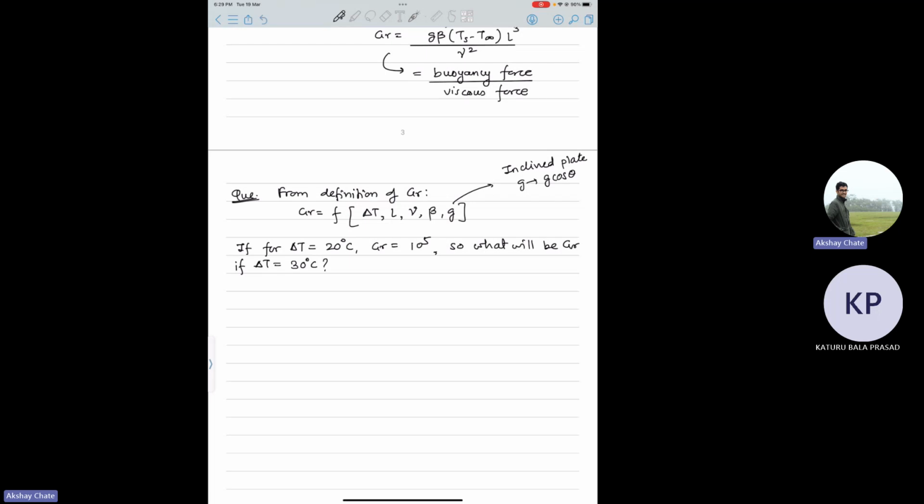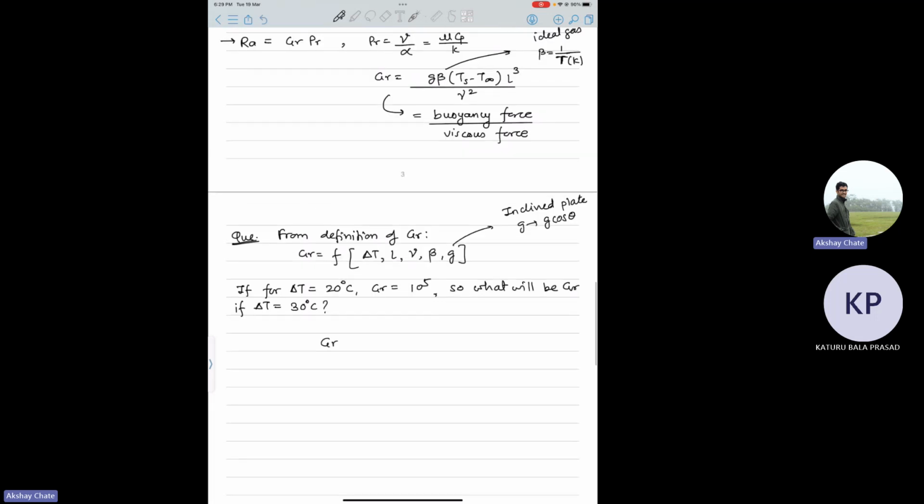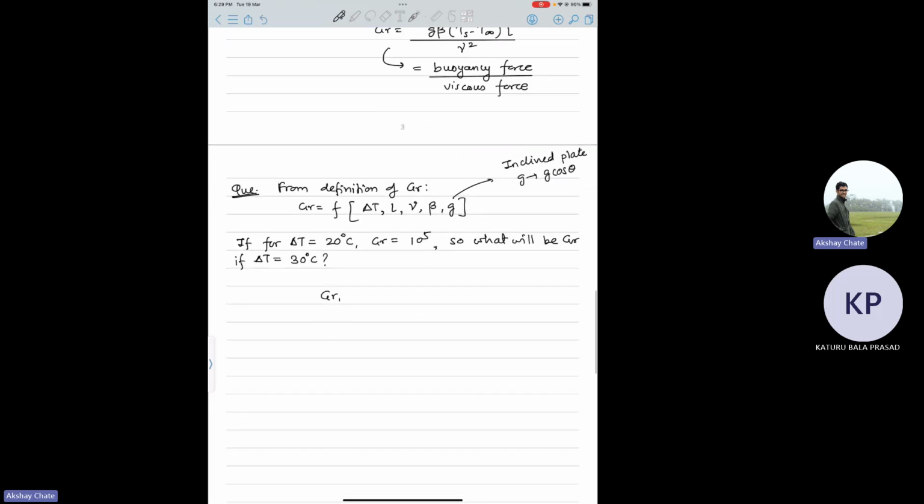So I just gave you the template. I can frame 4 or 5 questions here itself by changing each parameter: fluid, temperature, all those things. Here, you know that the Grashof number is directly proportional to delta T. So Gr2 by Gr1 will be delta T2 by delta T1.